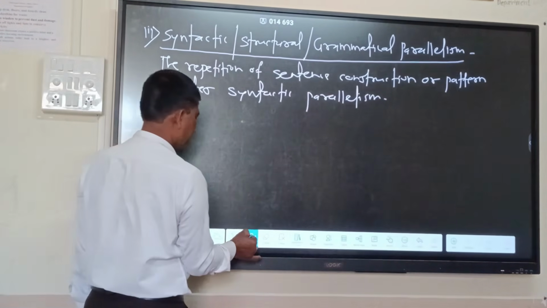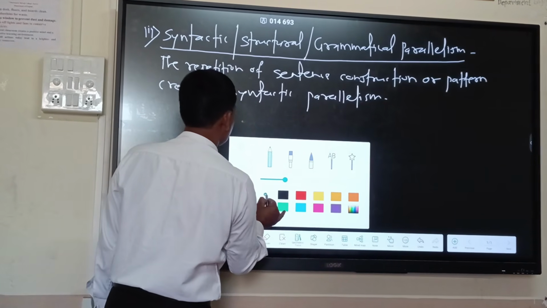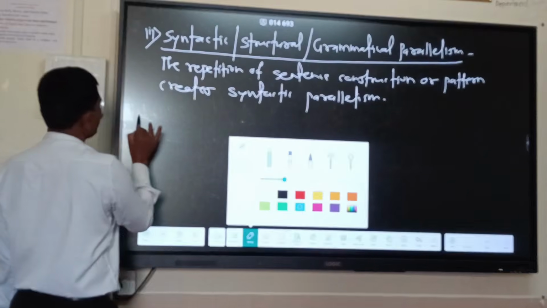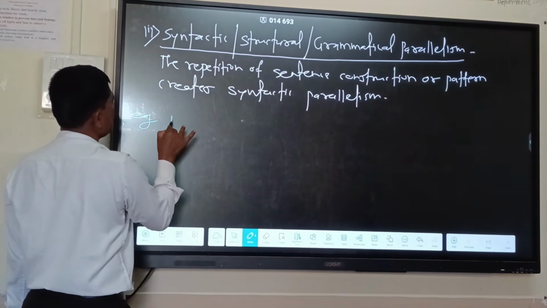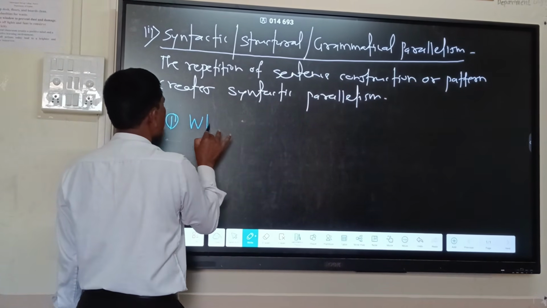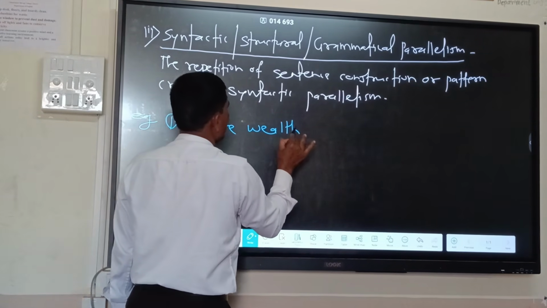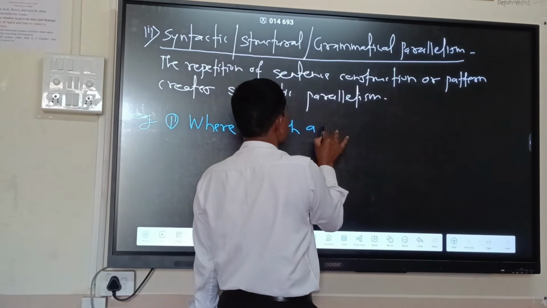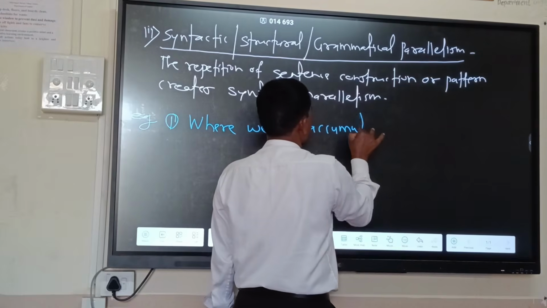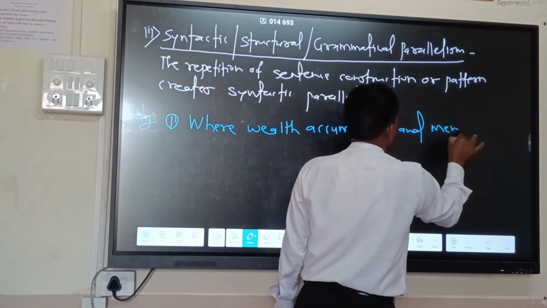For example, where wealth accumulates and men decay.